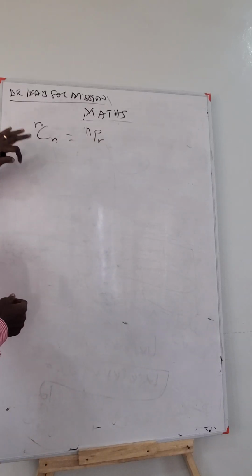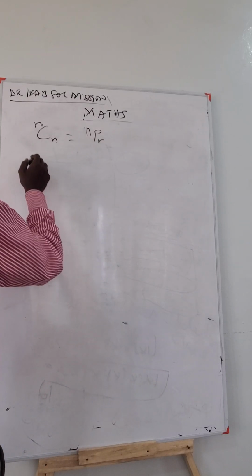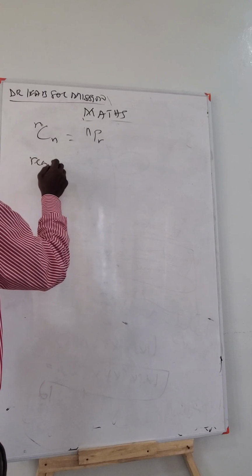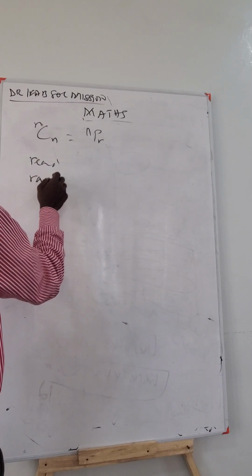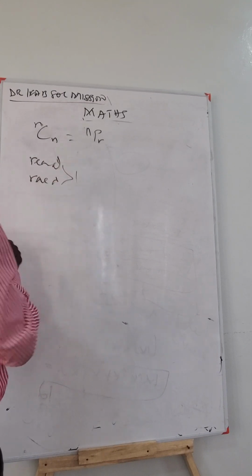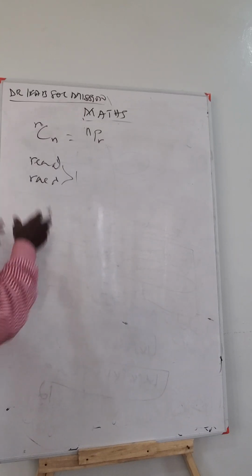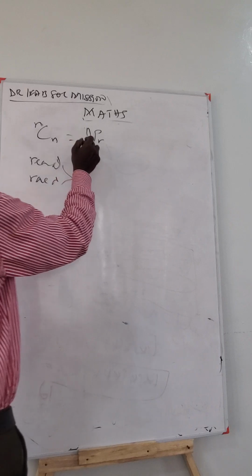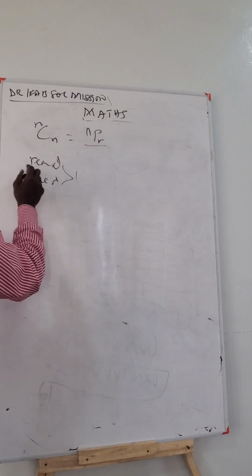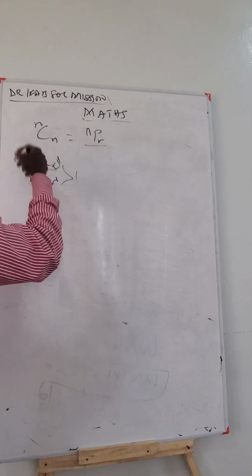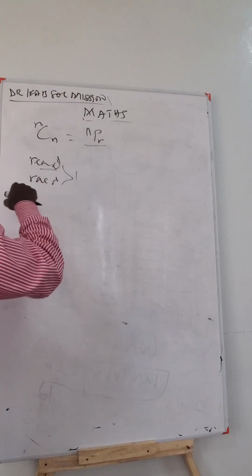When it comes to combination, the only difference is, let's say "read" and this other arrangement, the two are considered as one. So so far as they have the same words, if you change the order, we still count them as one. We will need to divide by the number of words which will have the same element within it.